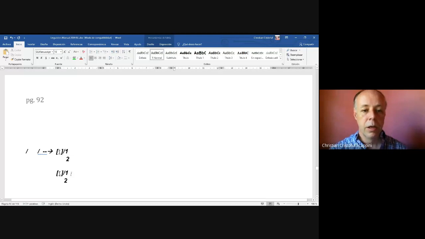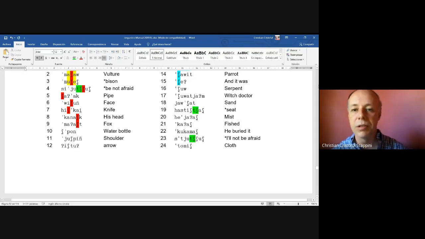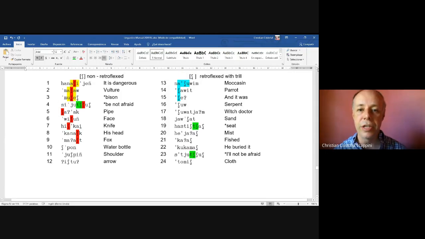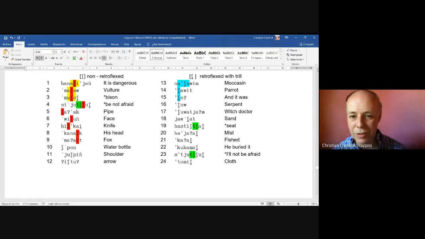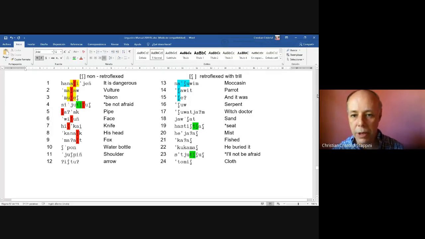Can we say that this sound occurs word initially then, like this? Word initial. Let me see. In number 13 and sorry, number 14, 15, 16, 17, it occurs word initially. But it does not occur word initially in all cases. So it's safer to write syllable initial. Very good.